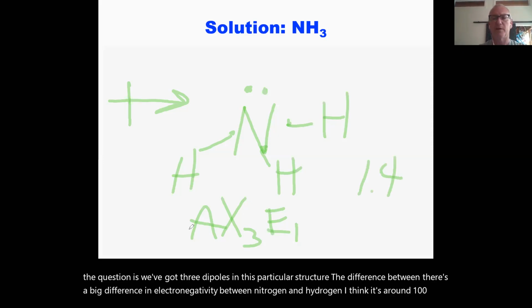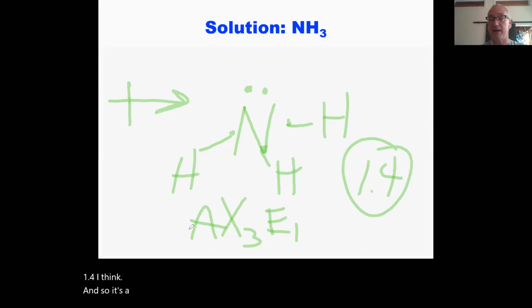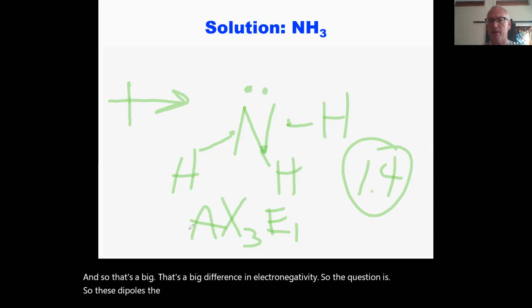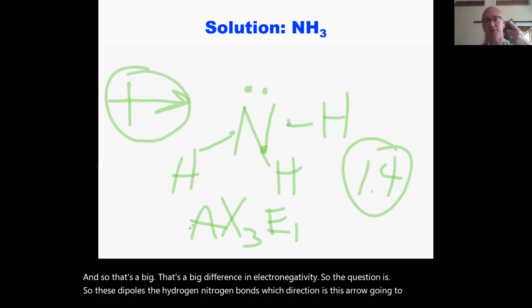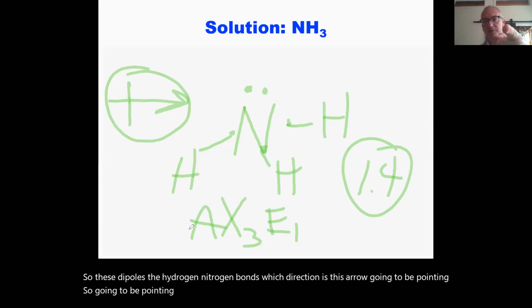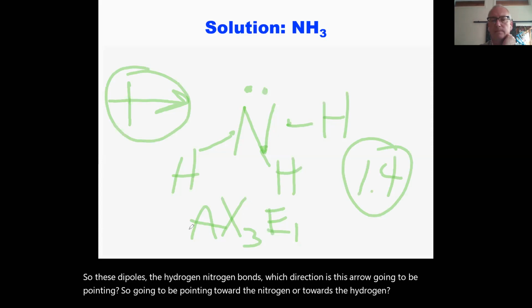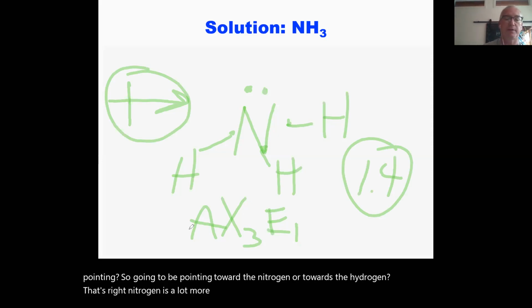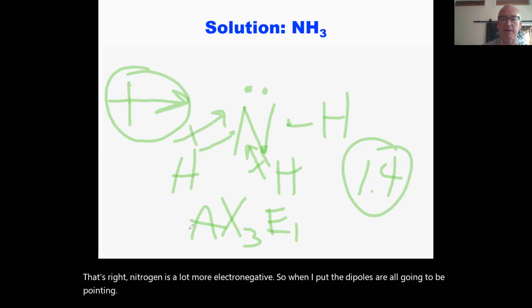So for these dipoles, the hydrogen-nitrogen bonds, which direction is the arrow going to be pointing? Is it going to be pointing toward the nitrogen or toward the hydrogen? Towards the nitrogen. That's right. Nitrogen is a lot more electronegative. So when I put the dipoles, they're all going to be pointing towards nitrogen.